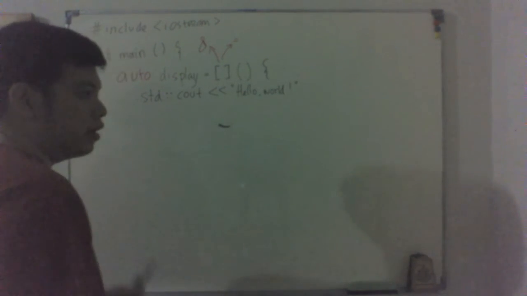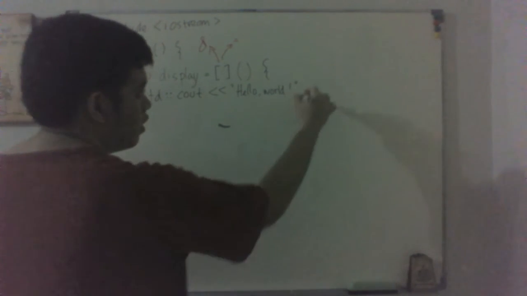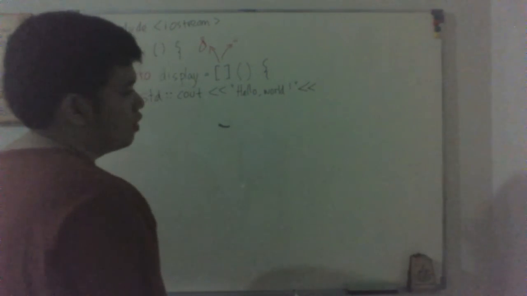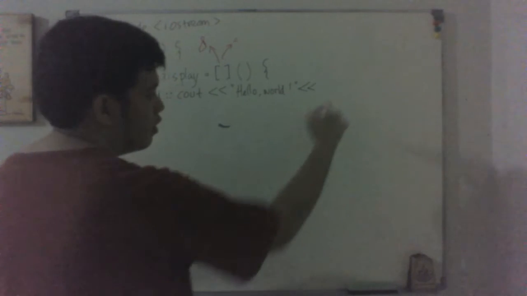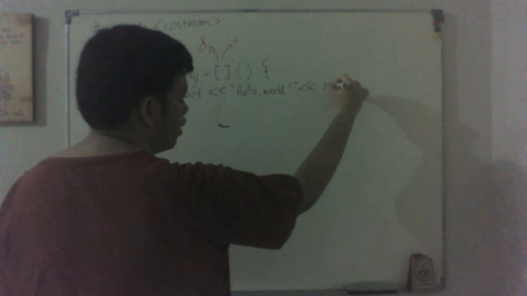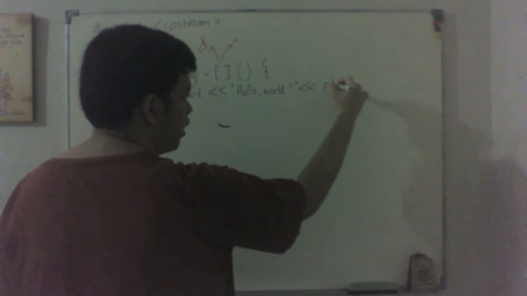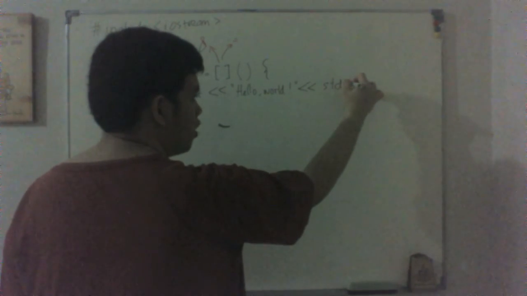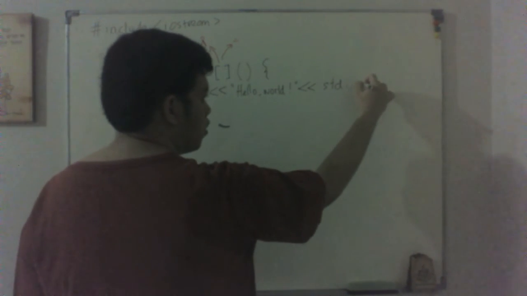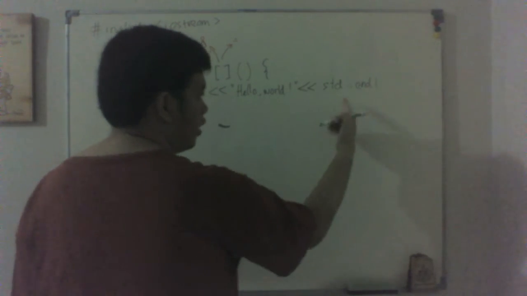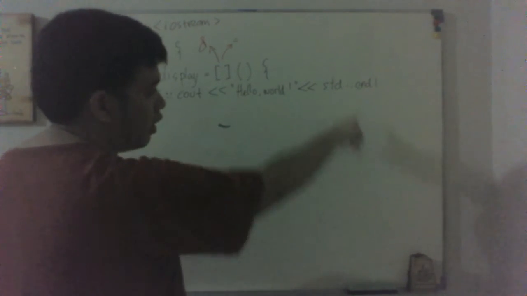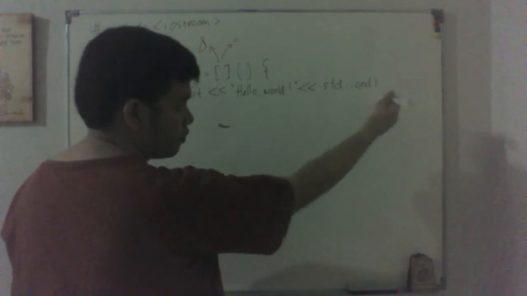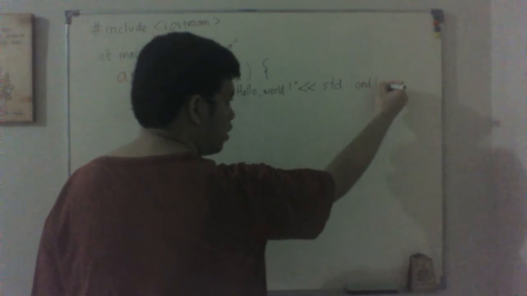And then if I wanna go to the next line in C++, I do it like this. I use the end line. End line, ENDL, is located inside the std namespace also. So like that, right? std double colon ENDL, and then to end the statement again, semicolon.